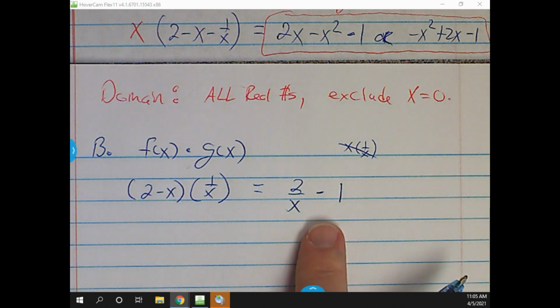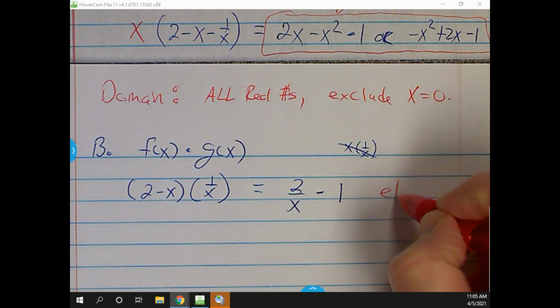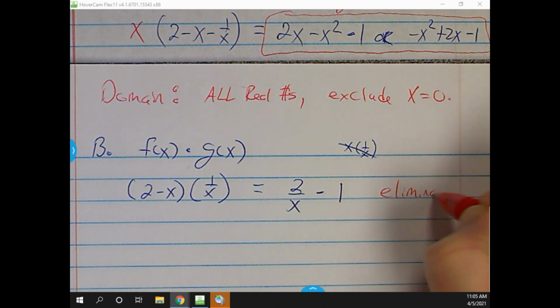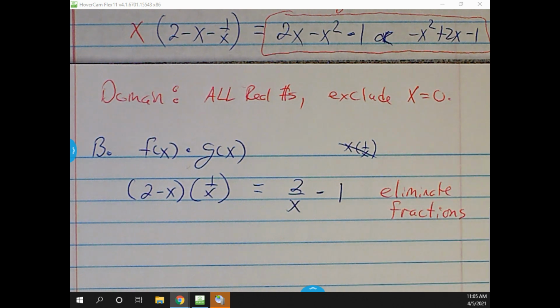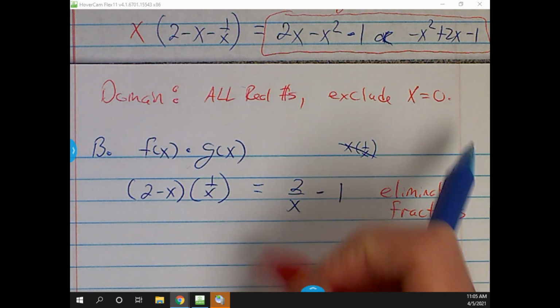All right, but here's where they're kind of back like we were on the other problem. That if you have this part with a fraction here, they're going to tell you to go ahead and eliminate the fractions. So we'll go ahead and x is our denominator that we have here, so we'll go ahead and multiply everything by x.